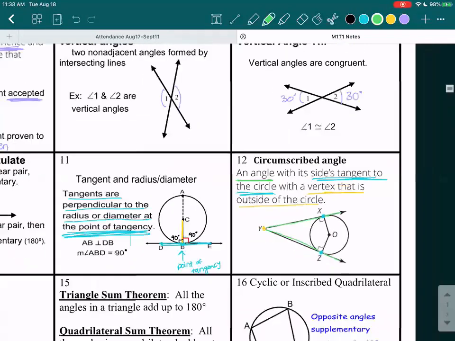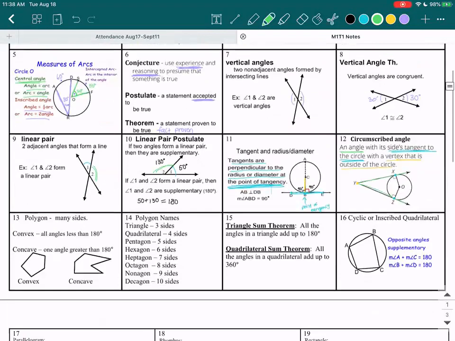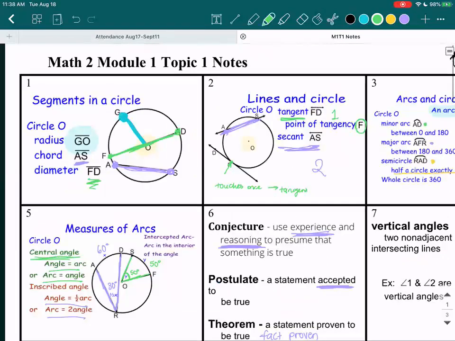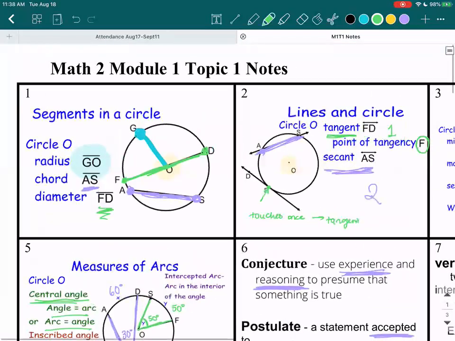Okay. Zoom out. I think that's it because we're just doing circles today. We don't really need to talk about the polygons. Can you go back to the first box? Yes. Okay, thank you. You're welcome.